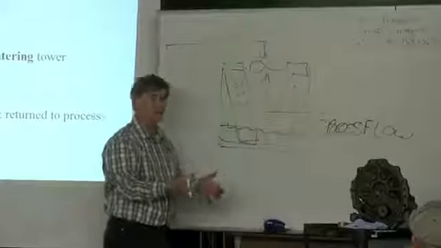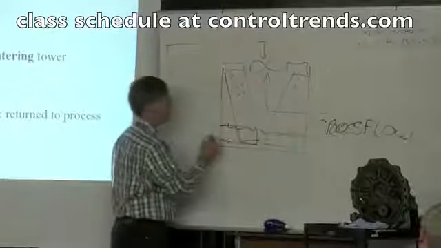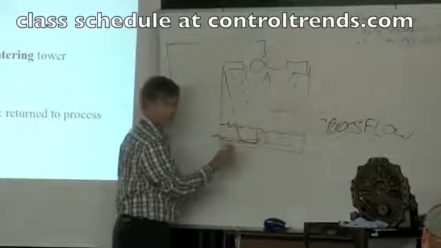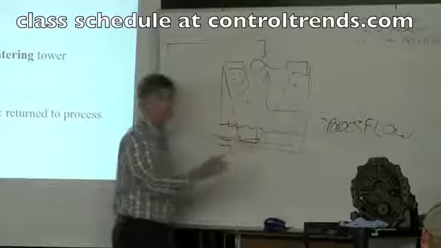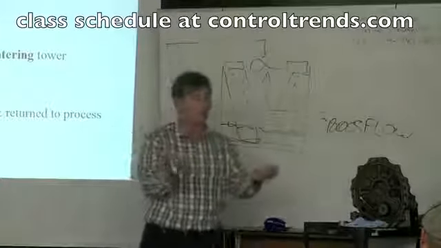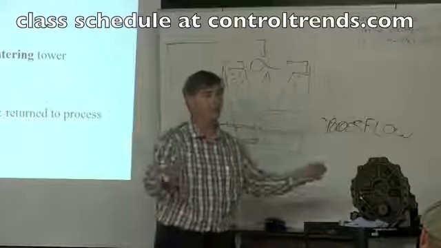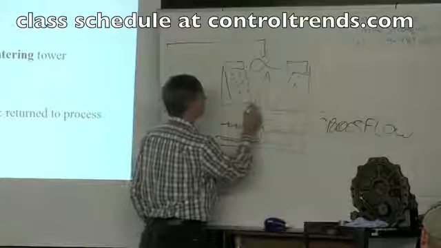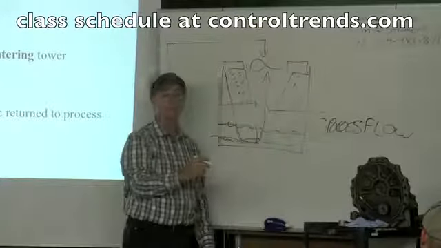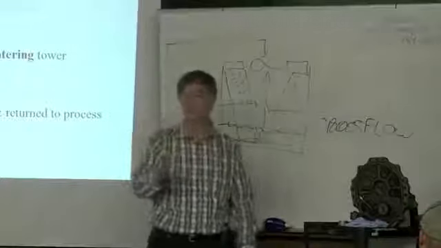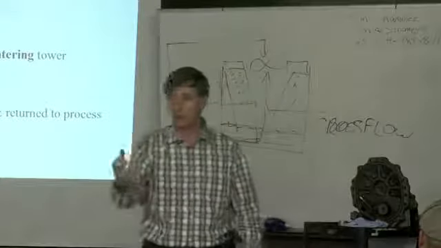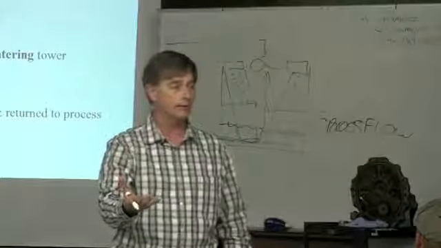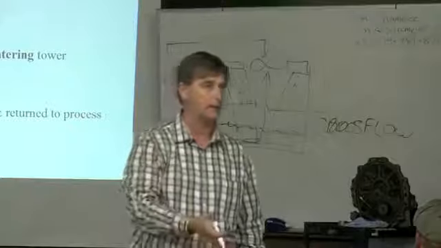Most of that air is kind of dumb, takes the path of least resistance, and if the path of least resistance happens to be underneath this fill, because my water level's low, because I've got a 2-cell tower and my equalization line is partially plugged up, then now I've got some air going across here, but I've got some air bypassing. That cuts down on the ability of this tower to evaporate that water, move those BTUs out of the water, cooling it, and send it back to the chiller.